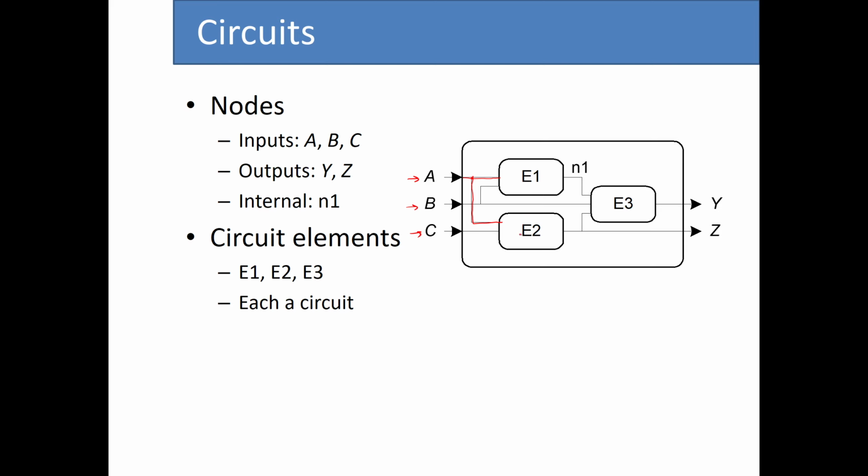And input C is only connected to E2. The outputs of E2 and E1 are connected to E3 along with B. And then finally we have two outputs for this generic circuit. One comes out of E3 and one comes out of E2.